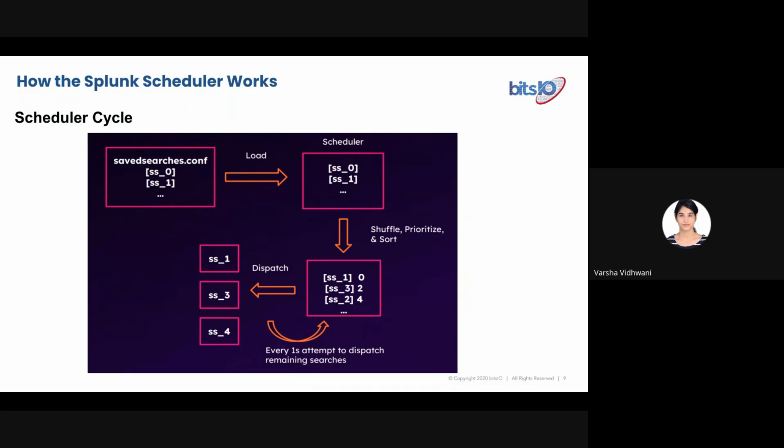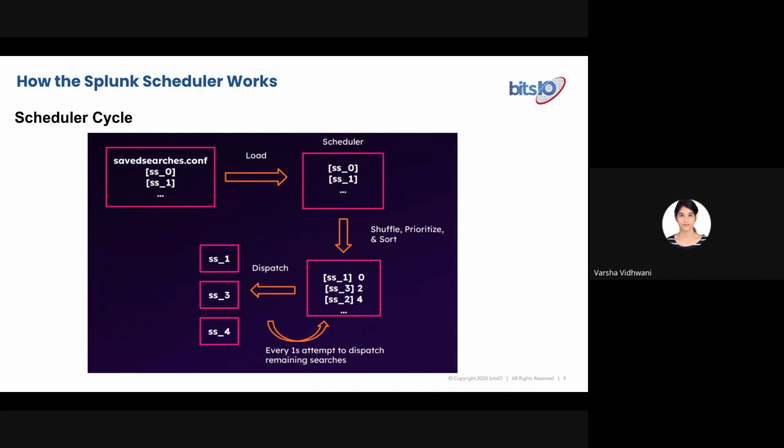Splunk defines the concurrency limit based on the number of cores that you have, and based on that limit, Splunk will dispatch as many searches as possible. For example, if the concurrency limit is 10 based on the resources, you are only allowed to run 10 searches at a time at any instance.